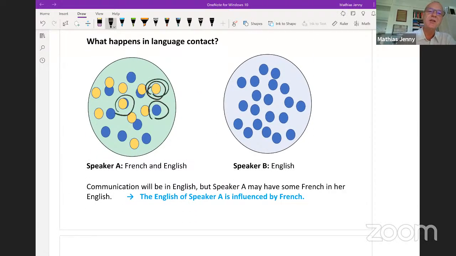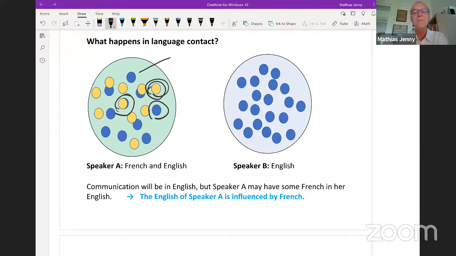And the overall language of the speaker, greenish here, is something of a mixture. So the language system that speaker A has in her head is both French and English. That's why I use green here, combining blue and yellow.